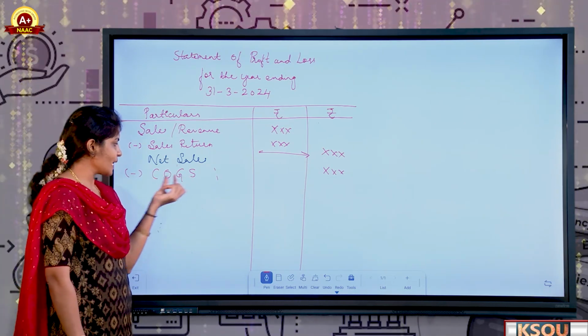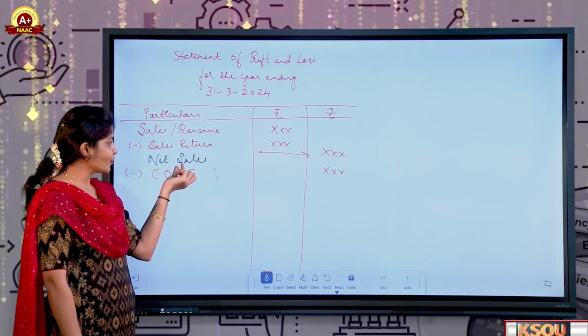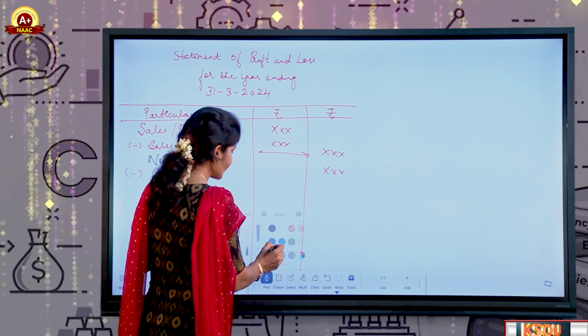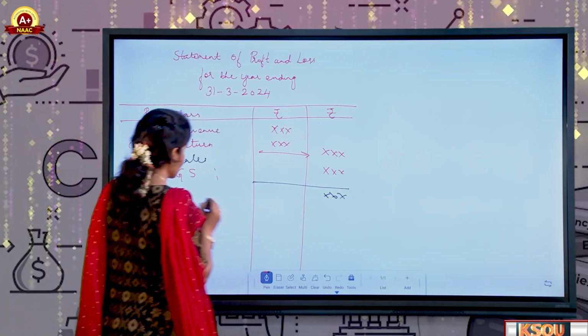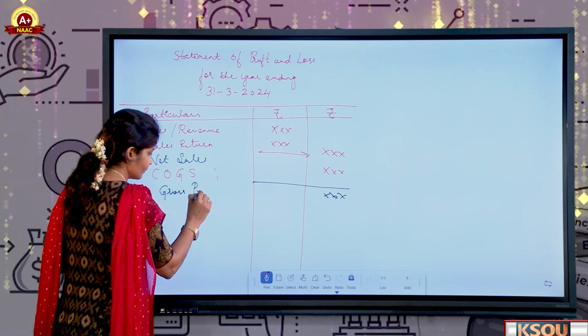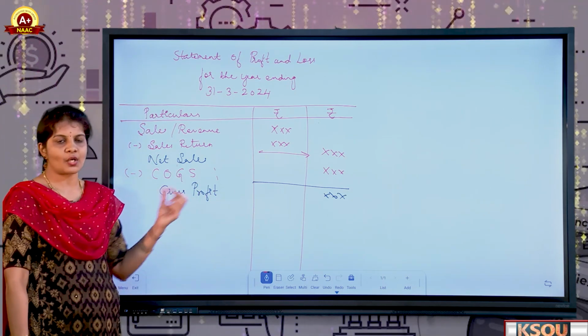So COGS is nothing but cost of goods sold. If you deduct the cost of goods sold from the net sales, the balance we get is called gross profit.